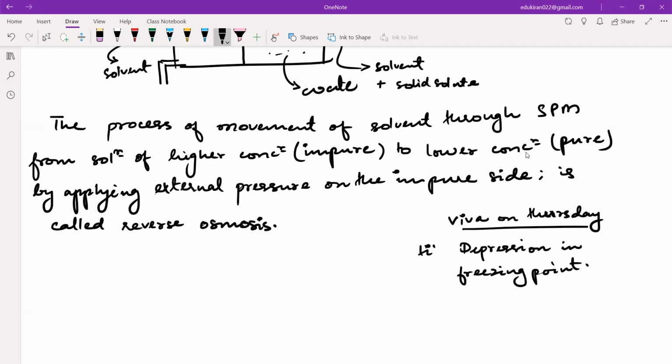Okay, not only till depression in freezing point. Is that clear? Yes or no? Please tell me. Okay, sir. You'll ask the questions, right? Not writing. I will ask. Yeah, okay. Viva, I will ask the questions.